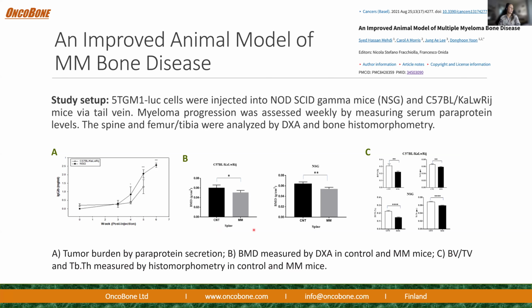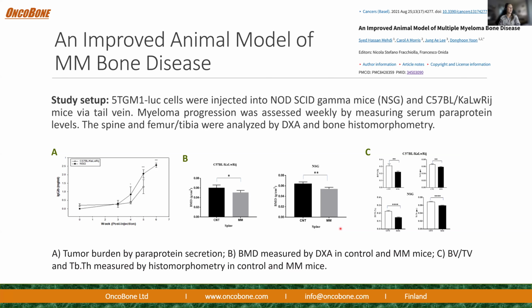When they have multiple myeloma, the bone mineral density goes down, so they have myeloma-induced bone loss happening similarly to the human situation. This is from the Galvich mice. When they do the same comparison in the immunodeficient NSG mice, they see the same phenomenon, but the bone loss is more profound compared to the other mouse strain.